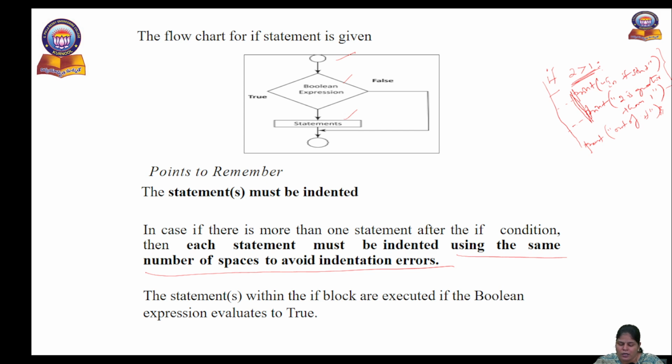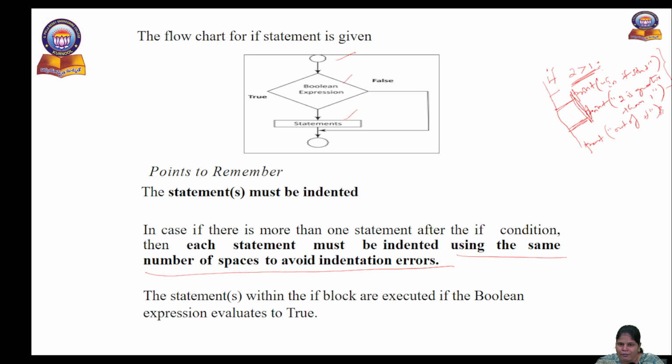Okay, so in order to avoid indentation errors, all the statements within the if have to follow the same spacing for indentation. If for the first statement you use 1 tab space, the same tab space has to be used for the second statement within the suite also.